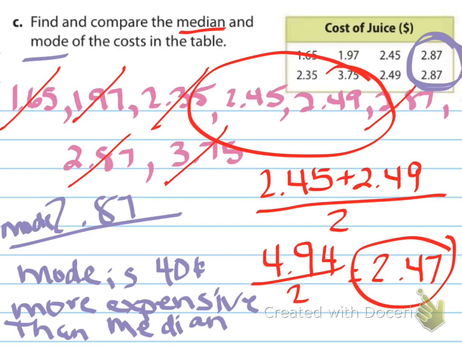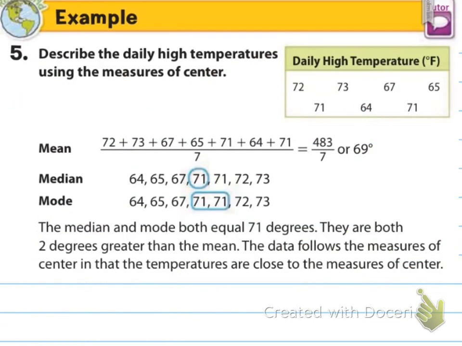Okay? So I say that the mode is 40 cents more expensive than the median because the mode is $2.87 and the median is $2.47. And again, if you looked at it, what would you think is the better central tendency? Would it be the median, which is $2.47, or the mode, which is $2.87?